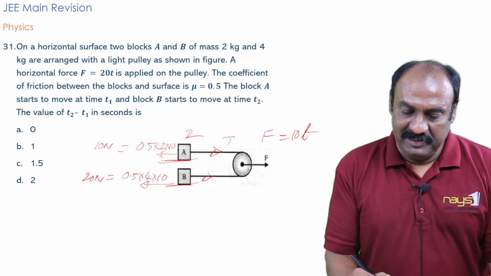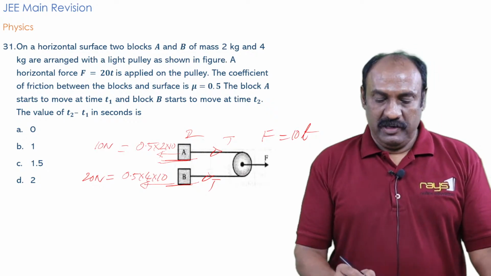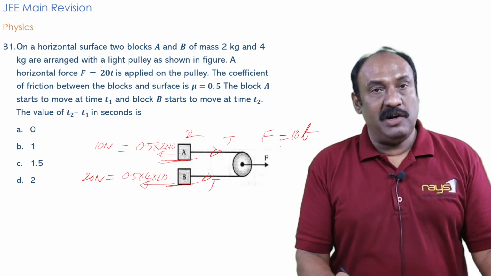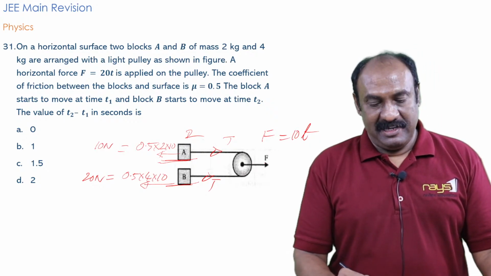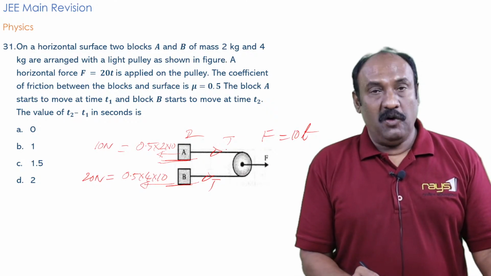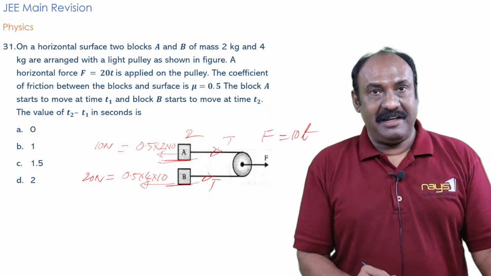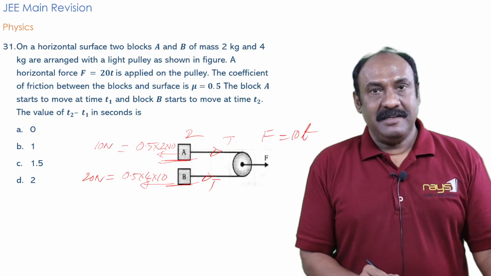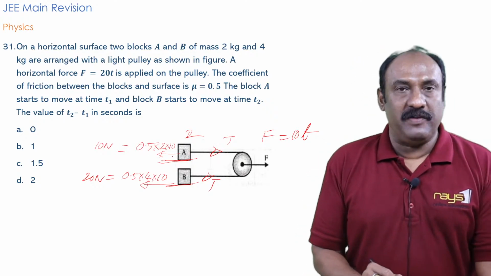The tension is T. So when you apply a force F equal to 10t at the center of the pulley, the force on the first block is T, but this must be equated to limiting friction.